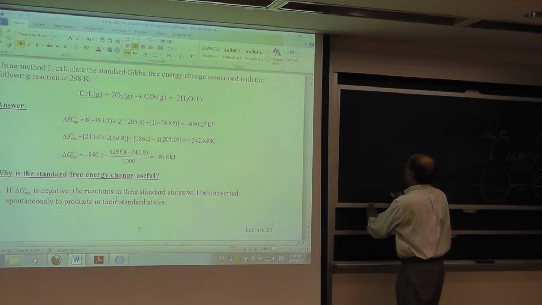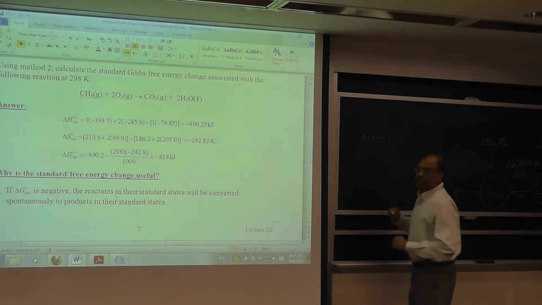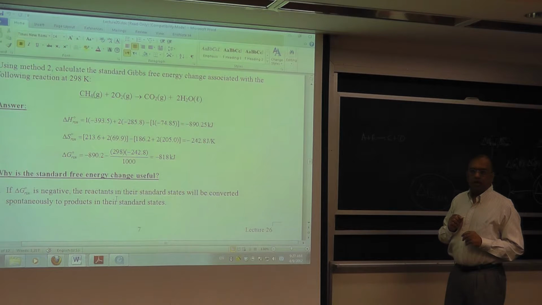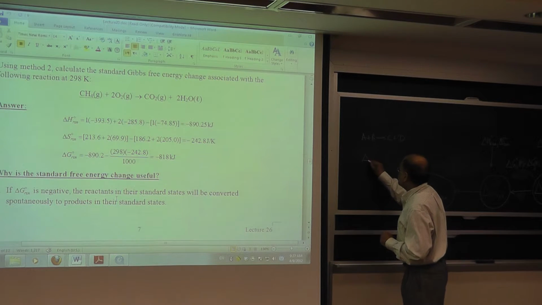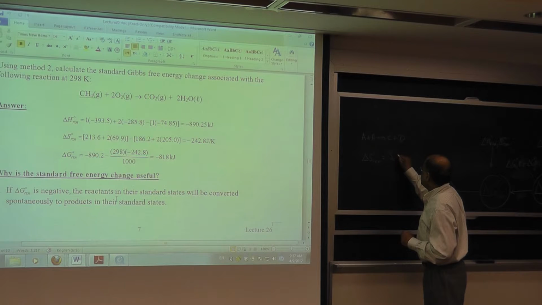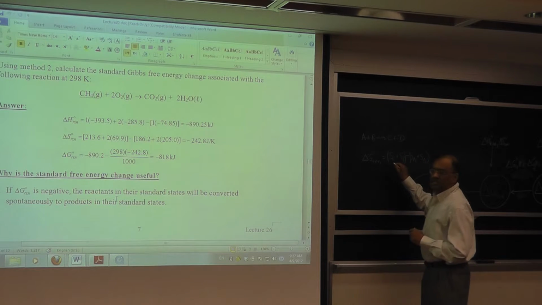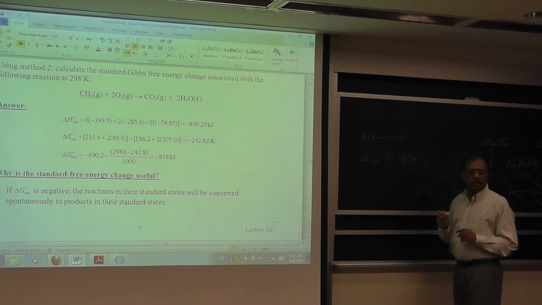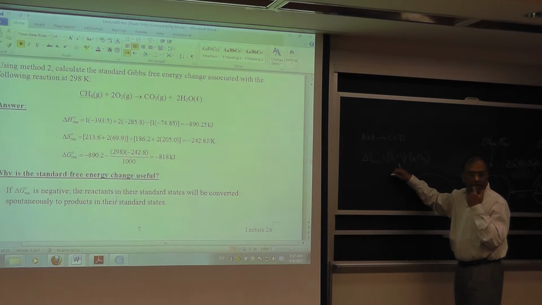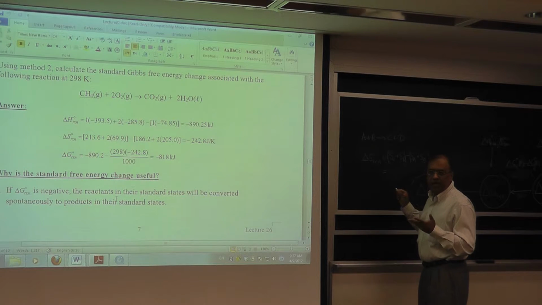So supposing you have A plus B going to C plus D, my favorite chemical reaction. You can say delta S for this reaction is equal to S of C plus S of D minus S of A plus S of B. These are absolute entropies, given in a table. If you want, you can prove it, it's just simple algebra.